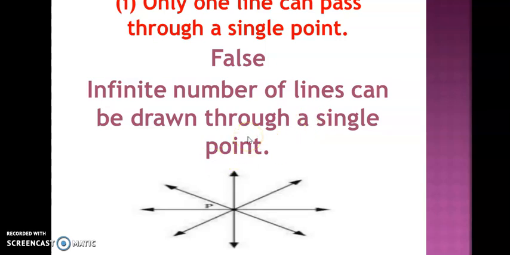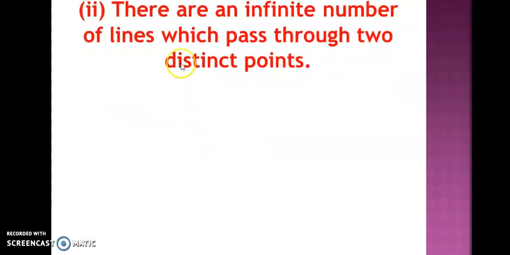Okay, children, you understood? Okay, shall we move on to the next statement? Yes, here it is. There are an infinite number of lines which pass through two distinct points. Yes, here they have given two distinct points, isn't it? And they told that there can be an infinite number of lines which can pass through two distinct points.